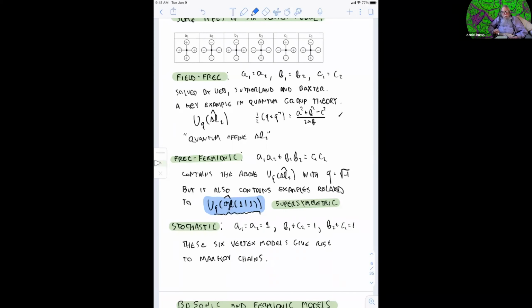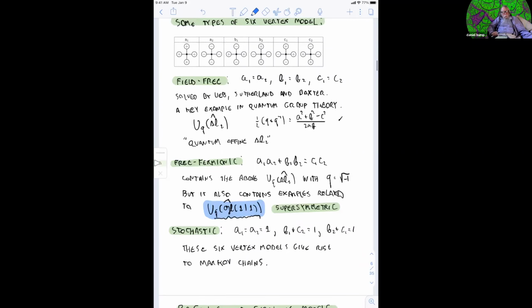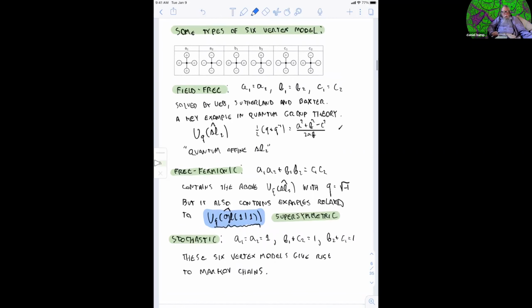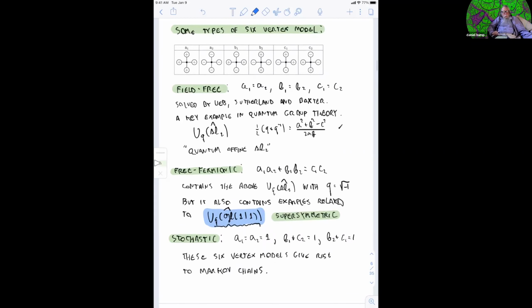And if that's true, then you can think of the row transfer matrices as forming a Markov chain. So these examples are useful in studying things like asymmetric exclusion processes and so forth.